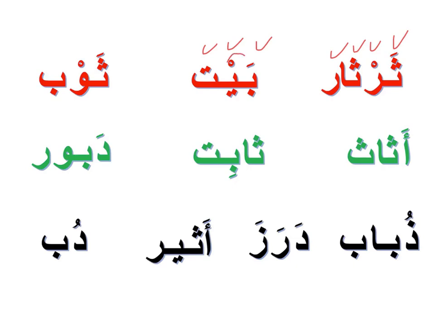Now actually we didn't learn the letter ya yet, but this is bait. ثوب. We learned all the letters inside this word. أثاث ثابت.